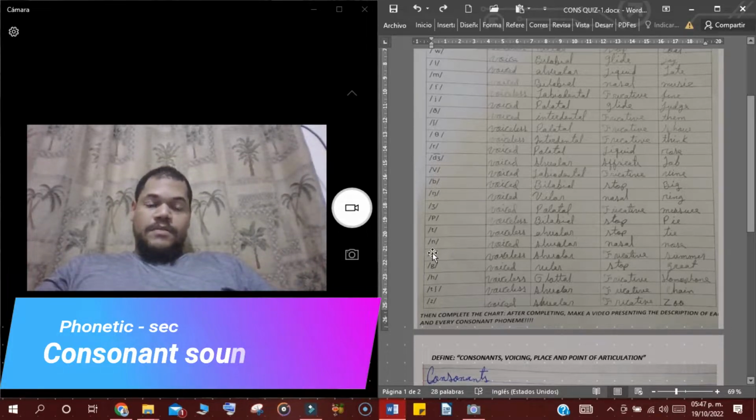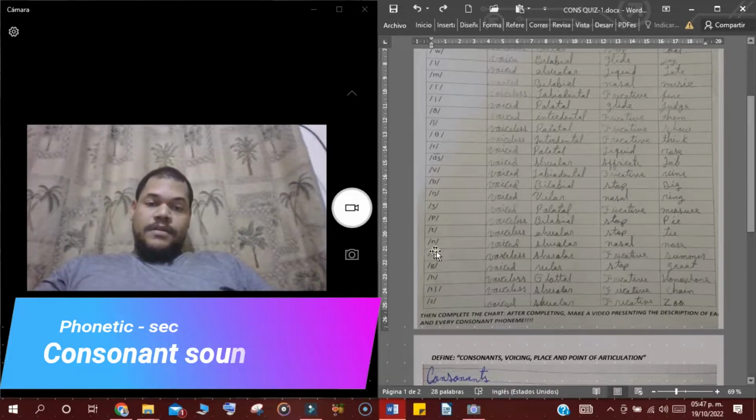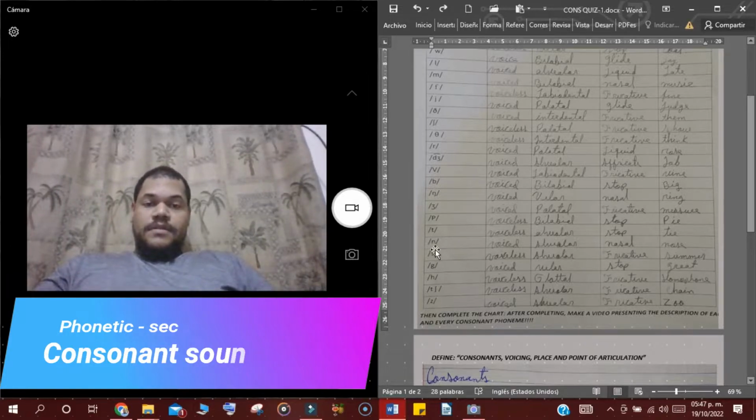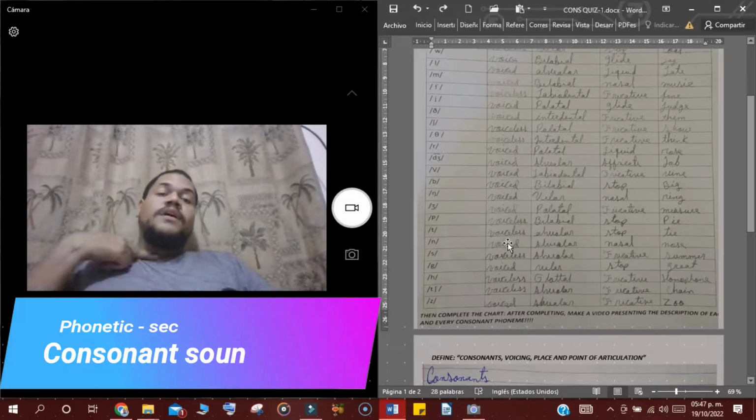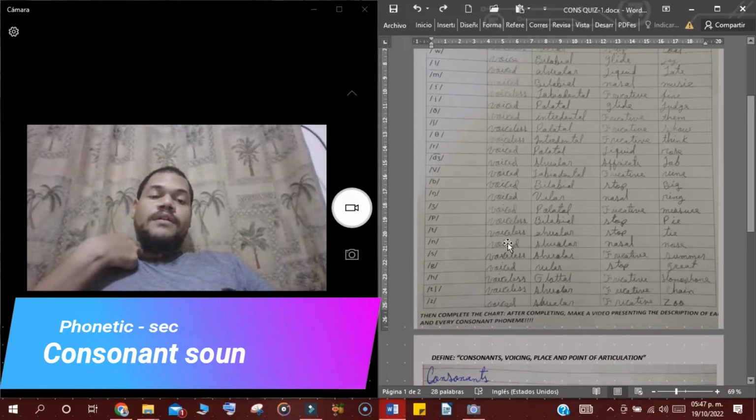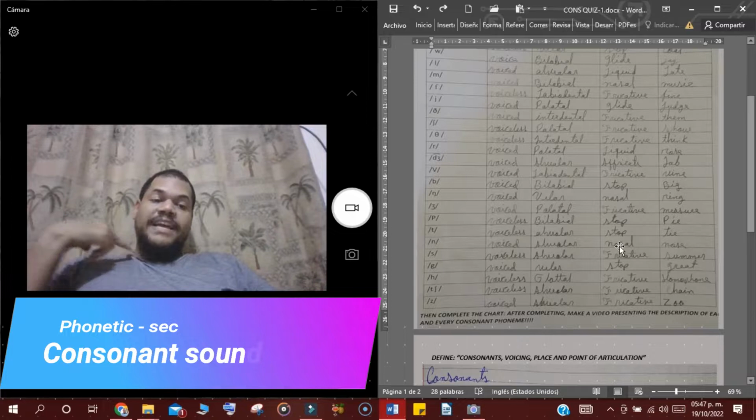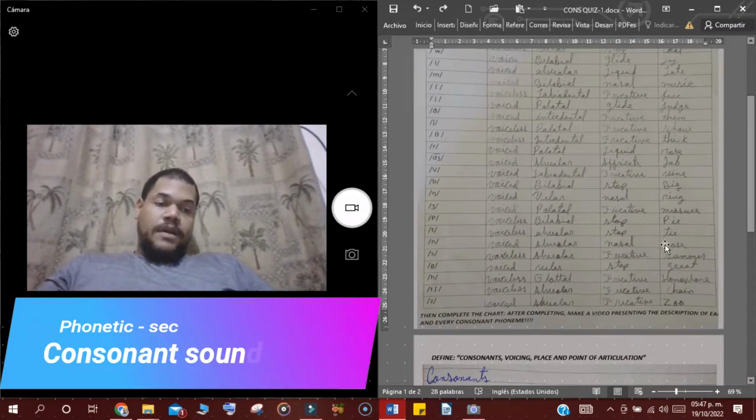Now the letter N, the representation is the sound n. That one is voiced, alveolar and nasal. And we have here the word nose.